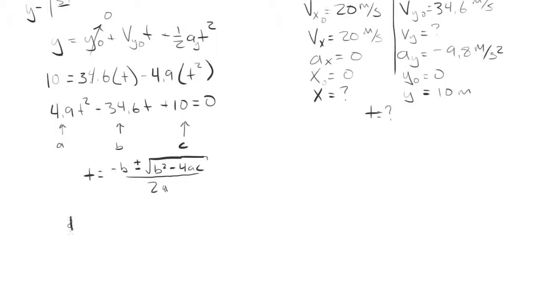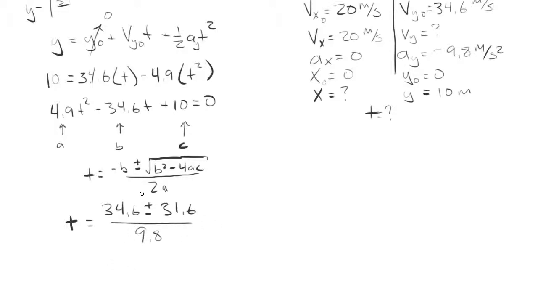If you do that, I'm skipping steps here, but you get negative b, this is b, so it's 34.6 plus or minus the square root, which I evaluated, and you get 31.6, divided by 2a, which is 9.8, back to our gravity.